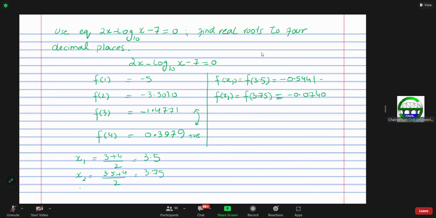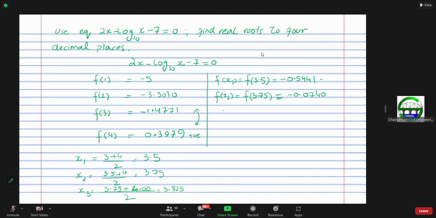So x3 will be equal to 3.75 plus 4.0 divided by 2, which is equal to 3.875. Am I correct? Can anyone please correct me?